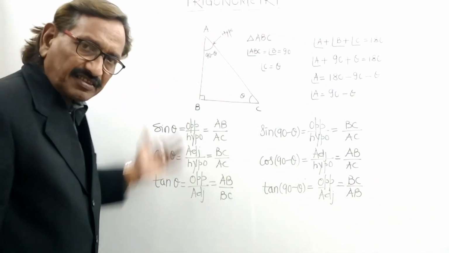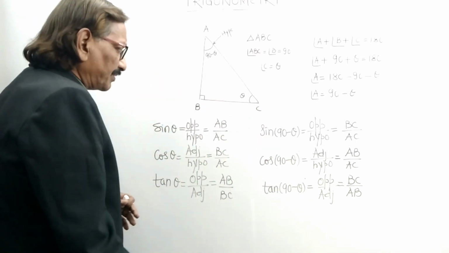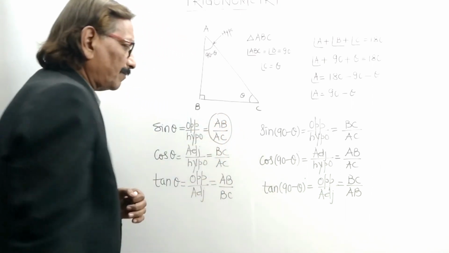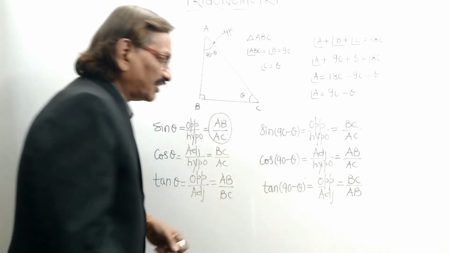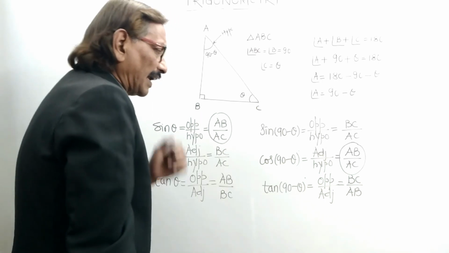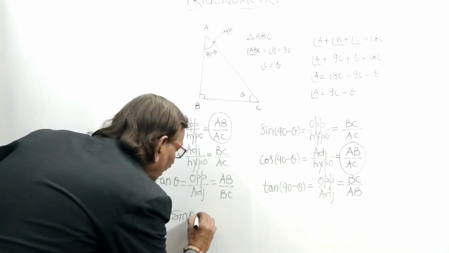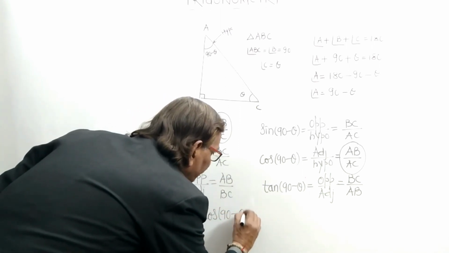Watch these 3 plus 3, 6 ratios properly. You will find something in common. Sine theta is AB upon AC. At the same time, cos 90 minus theta is AB upon AC. We can conclude that sine theta is equal to cos 90 minus theta.